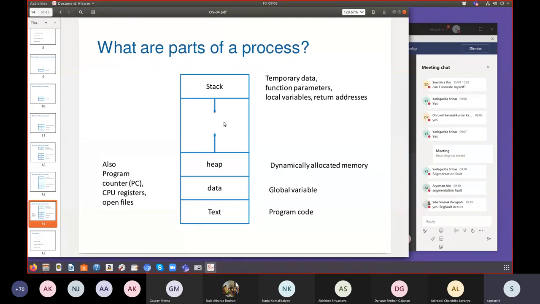Okay, three people have answered. First of all, you are telling that this can happen, that the stack and the heap collide. But then all four are saying a segmentation fault occurs. Try to find out, I am not sure. Why should a segmentation fault occur? Your program has not done anything illegal.